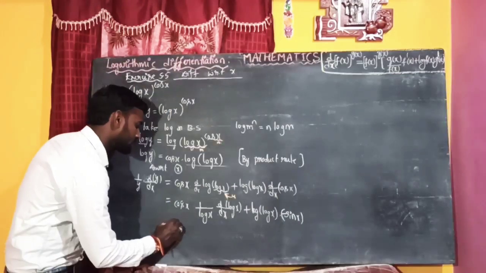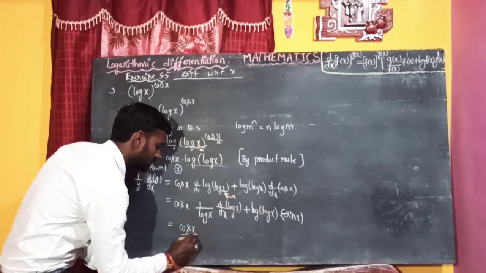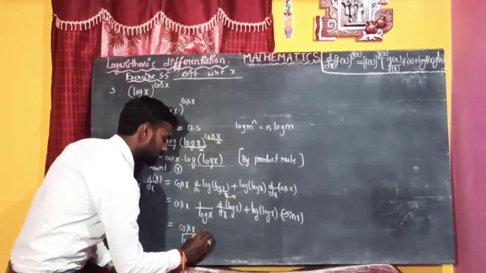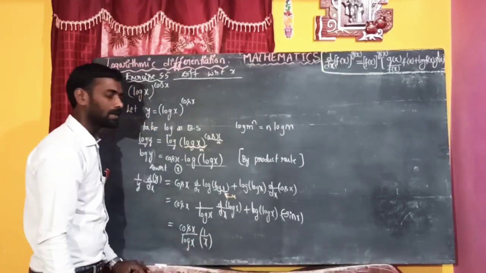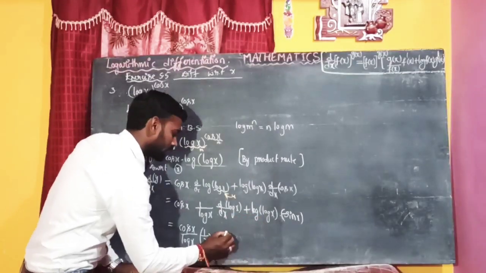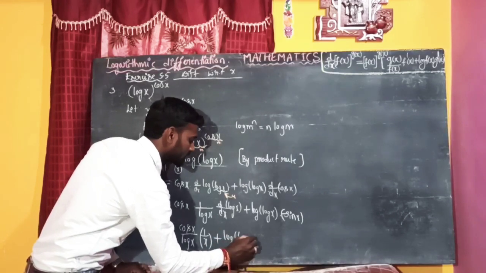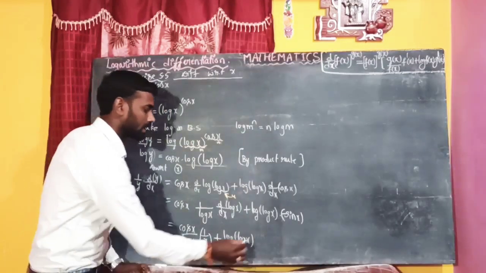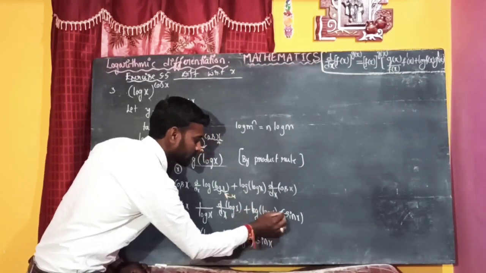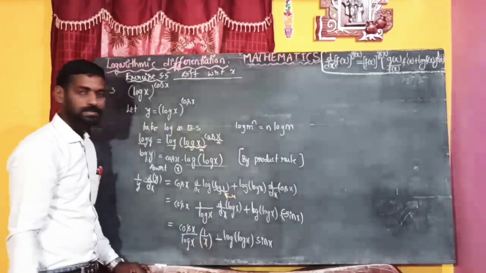Now observe, guys, this is cos x by log x into the derivative of log x, which is 1 by x, plus log of log x into sin x, where plus into minus becomes minus.